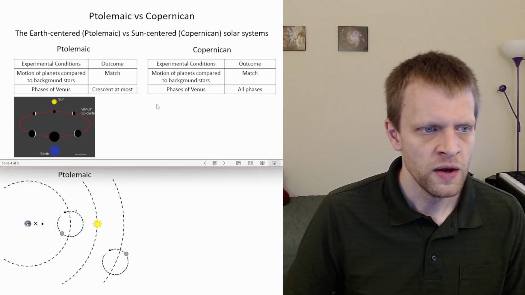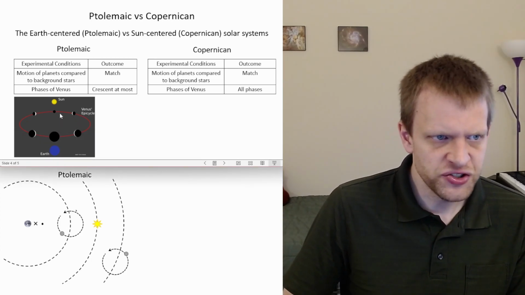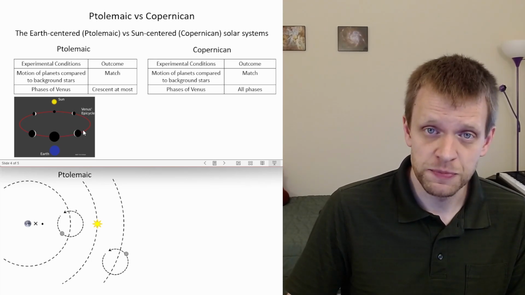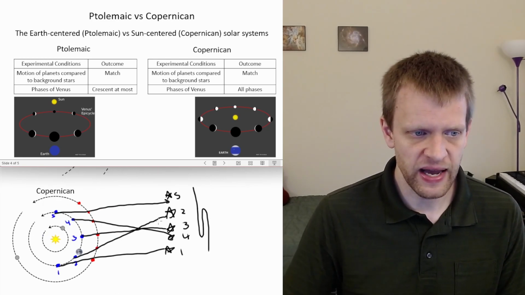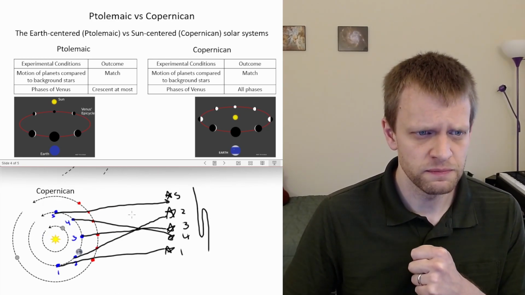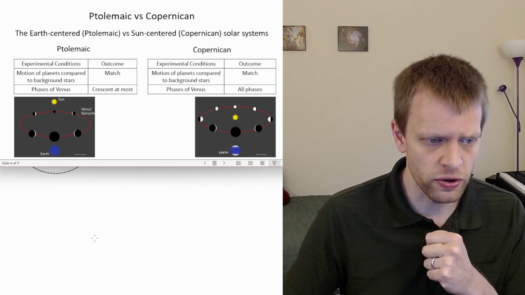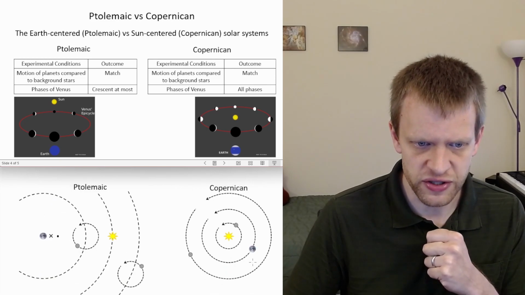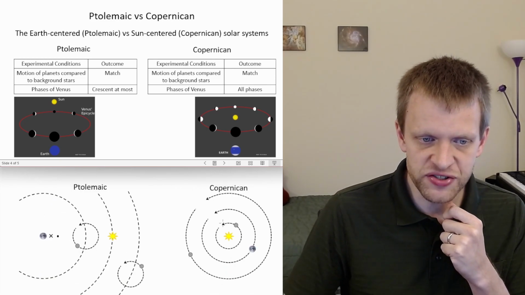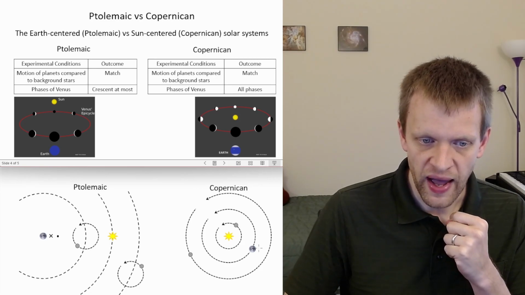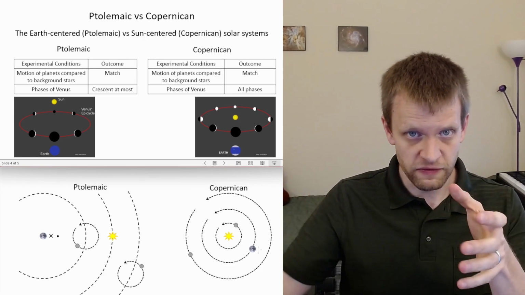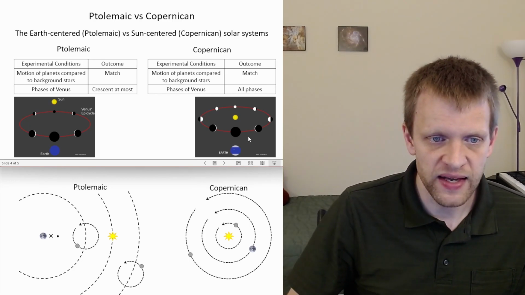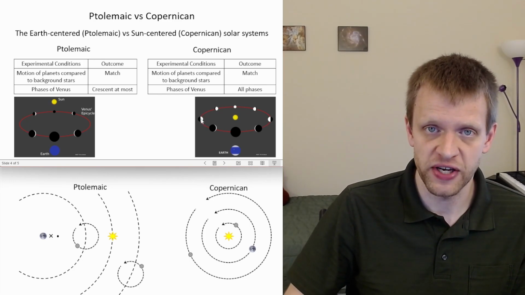Okay. So the phases of Venus, the Ptolemaic model makes some very specific predictions. Whereas the Copernican model, if I have the Earth, let me see if I've got another version of this down here. Yep. So if Venus is orbiting around the sun, and we're on the Earth and outside of Venus's orbit, then we should see the full set of phases.